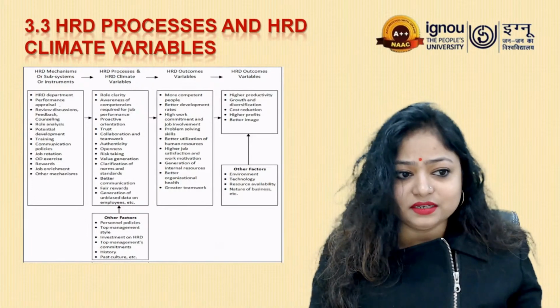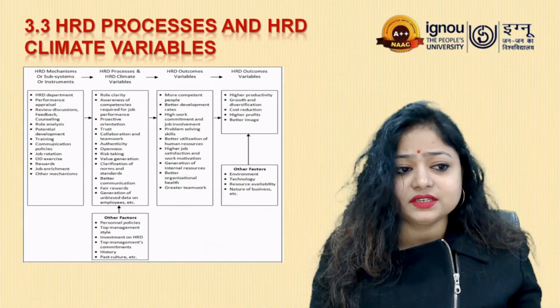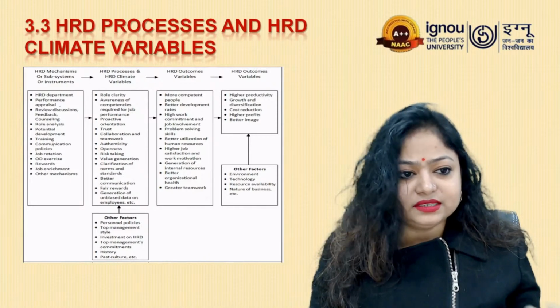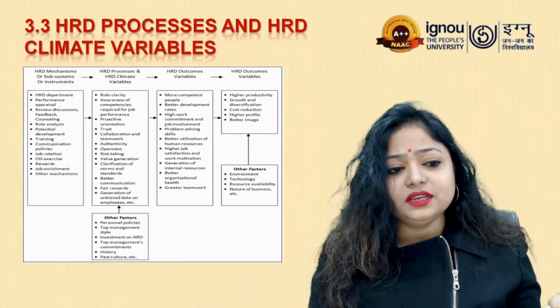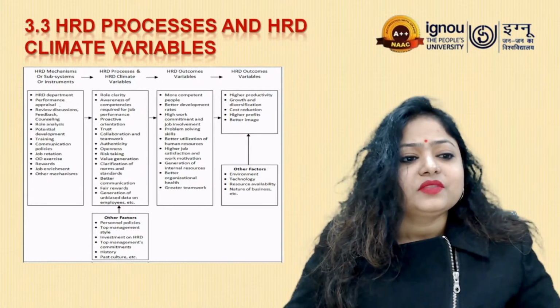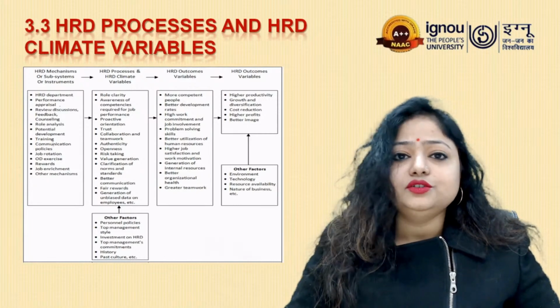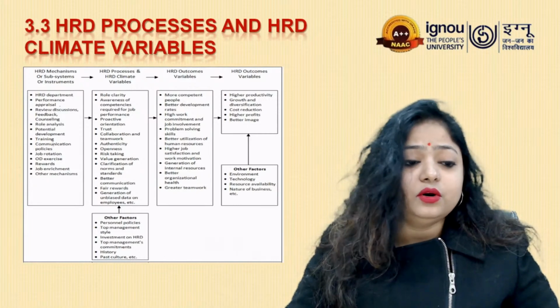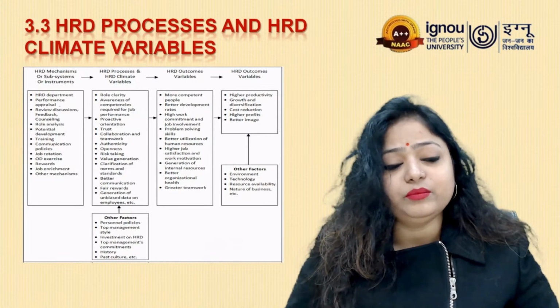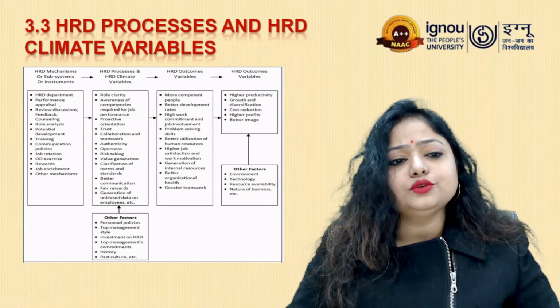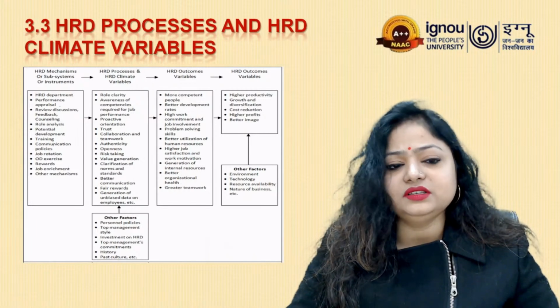Now, HRD mechanisms or subsystems that we have discussed before are different departments, performance appraisal, review feedback, counseling, role analysis, potential development, training, communication policies, job rotation, rewards, organizational development exercises, and other mechanisms which are going to help implement the process.